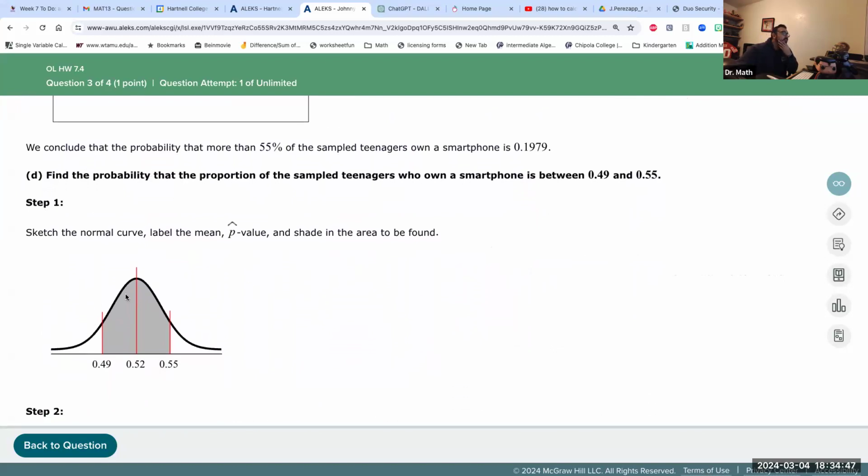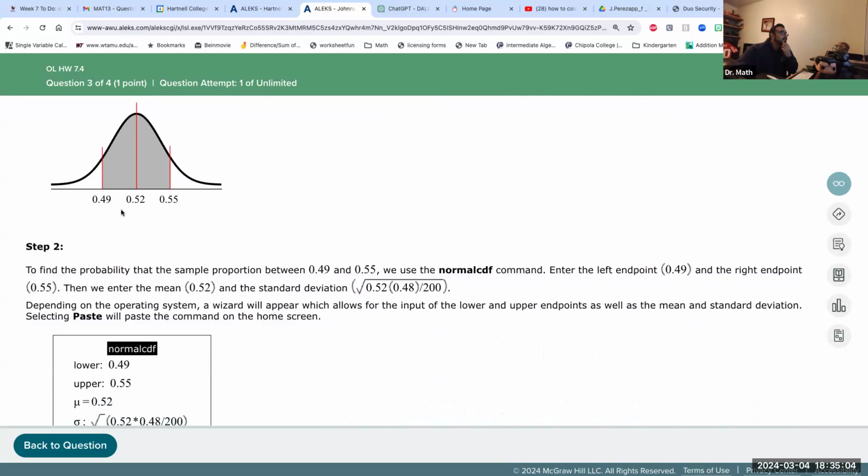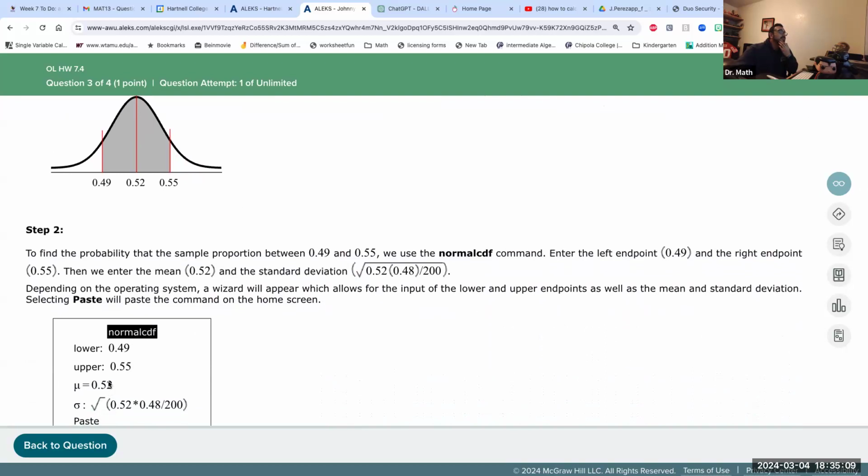So we still have a normal curve. Our mean is still smack in the middle, but this time we've got a lower bound and an upper bound here. And we're going to use normal CDF once again in our calculator, but the only difference is our lower bound is 0.49 and our upper bound is 0.55. Everything else remains the same.